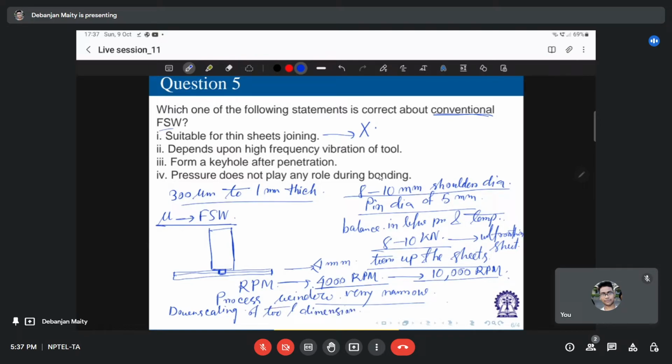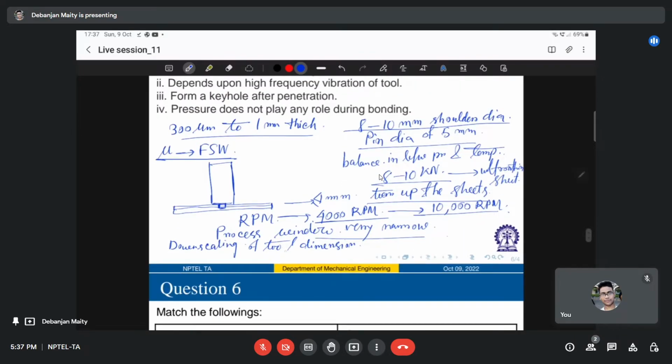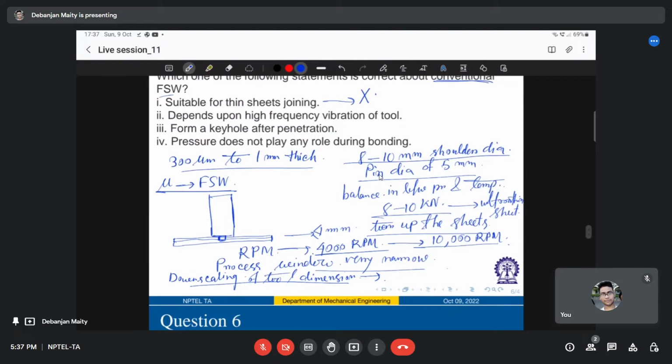As you are downscaling the tool dimension, there will be very rapid heat loss from the heat affected zone. The heat generation will not be as high as in conventional friction stir welding. So this is one of the disadvantages, and you should take care during process parameter selection in micro friction stir welding.